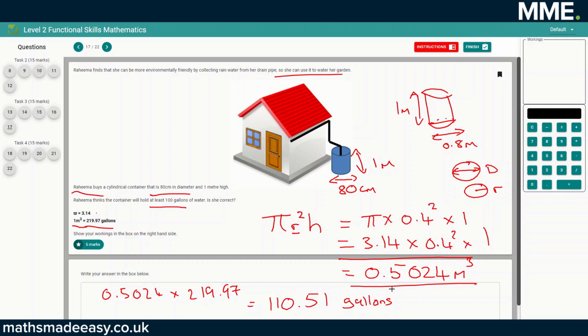So referring back to the question, Rahima thinks the cylindrical water container will hold at least 100 gallons of water. Is she correct? Well, we've shown that she is correct, as at maximum capacity the cylinder will hold 110 gallons of liquid.